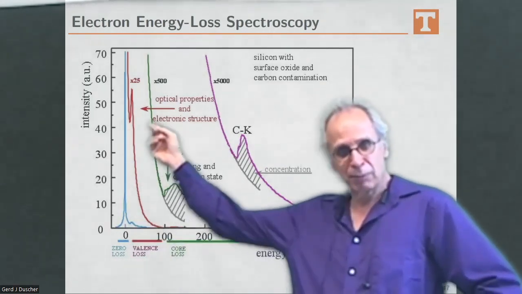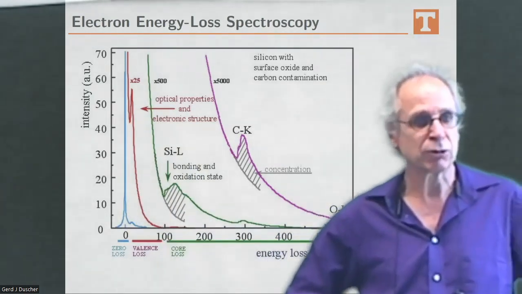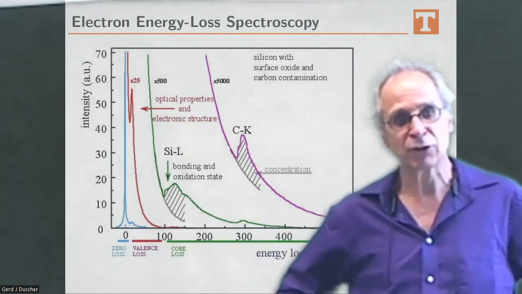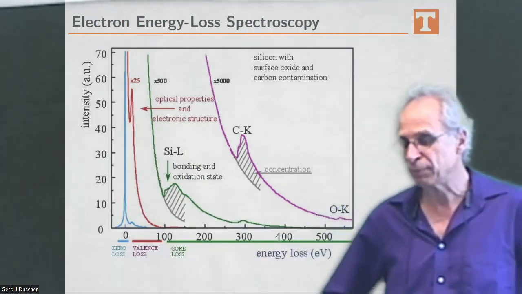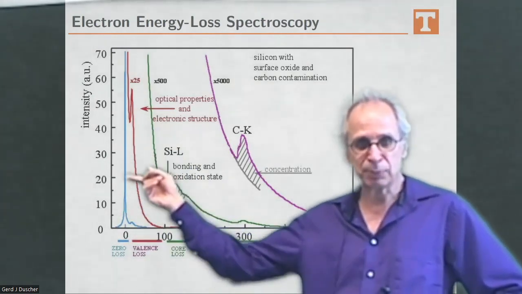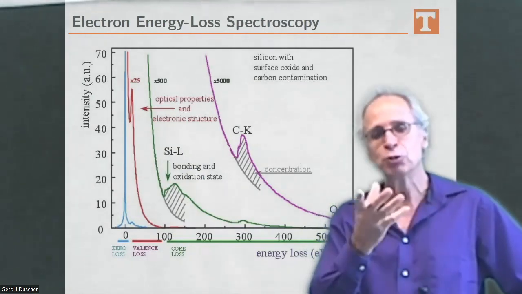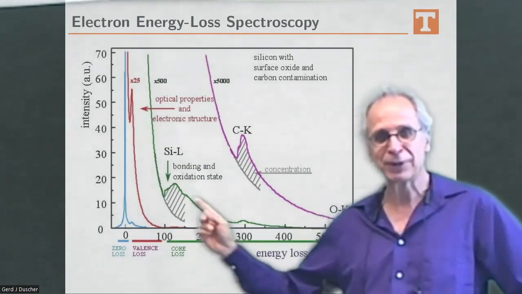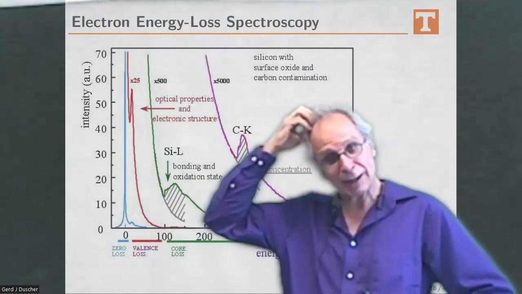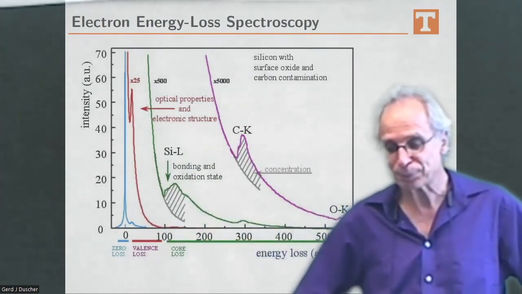But we have the zero loss peak, that is the strongest peak, hopefully. If it's not, throw away the data, please. Okay, so we have this zero loss peak. Oh, okay, I shouldn't say that actually, because if you do momentum resolved EELS, your zero loss peak will be there. So under normal conditions, you should have a very strong zero loss peak.